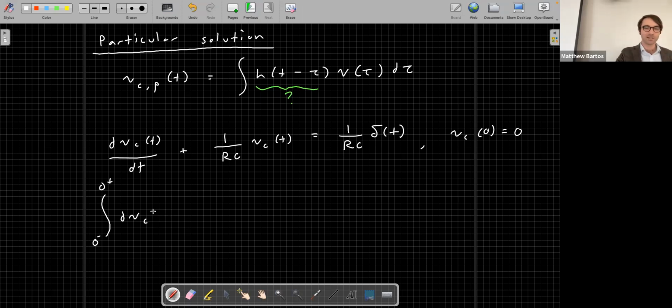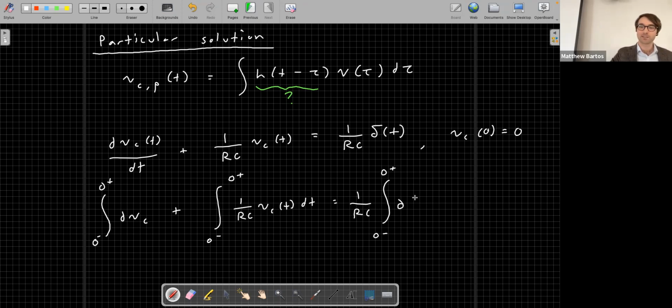So we're integrating dVc plus 1 over RC Vc(t) dt is equal to 1 over RC, integral from 0 minus to 0 plus of delta(t) dt. If we evaluate this expression, first of all, what does the integral of the delta become, from the definition of the Dirac delta? 1.